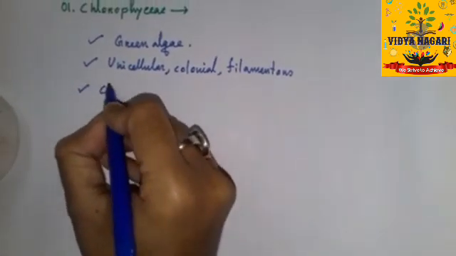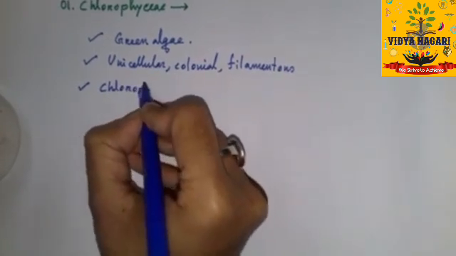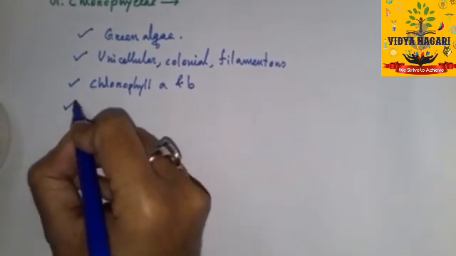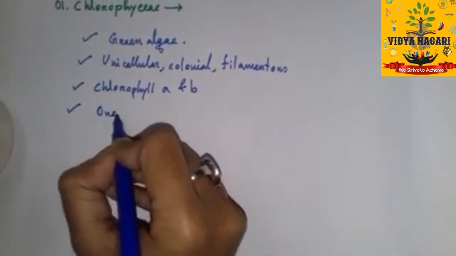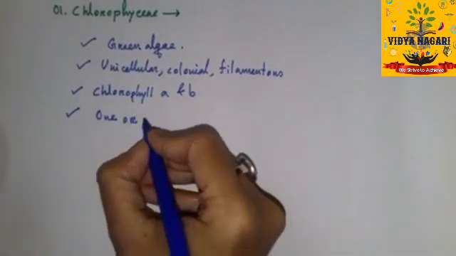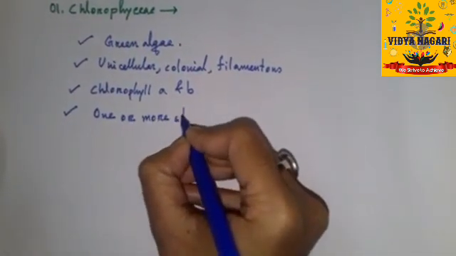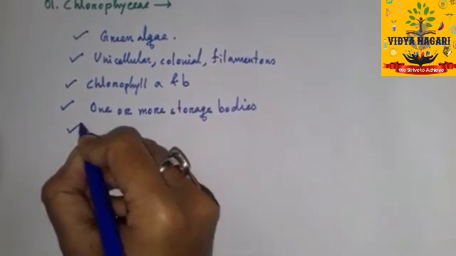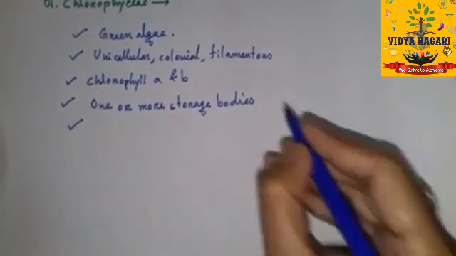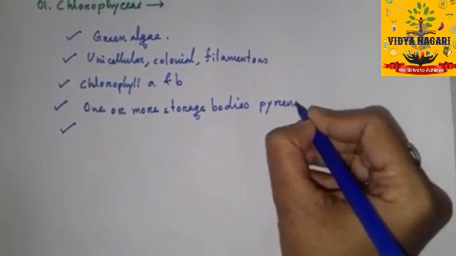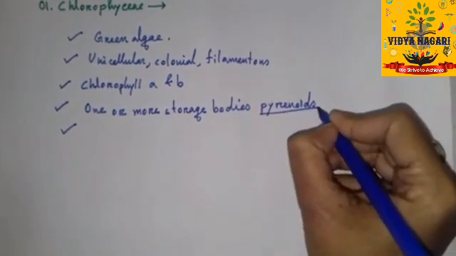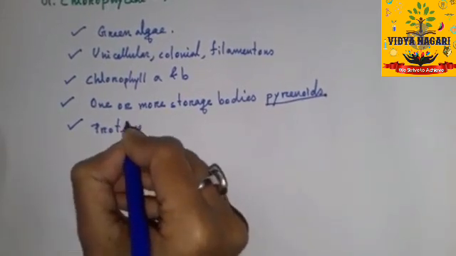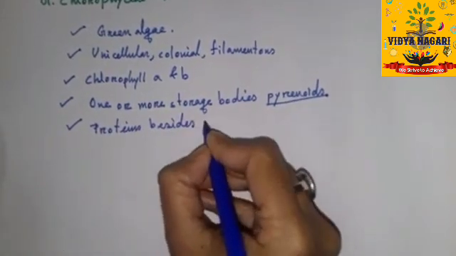They have chlorophyll A and B in a definite chloroplast, and most have one or more storage bodies, and they are known as pyrenoids, located in the chloroplast, and these pyrenoids contain protein besides starch.